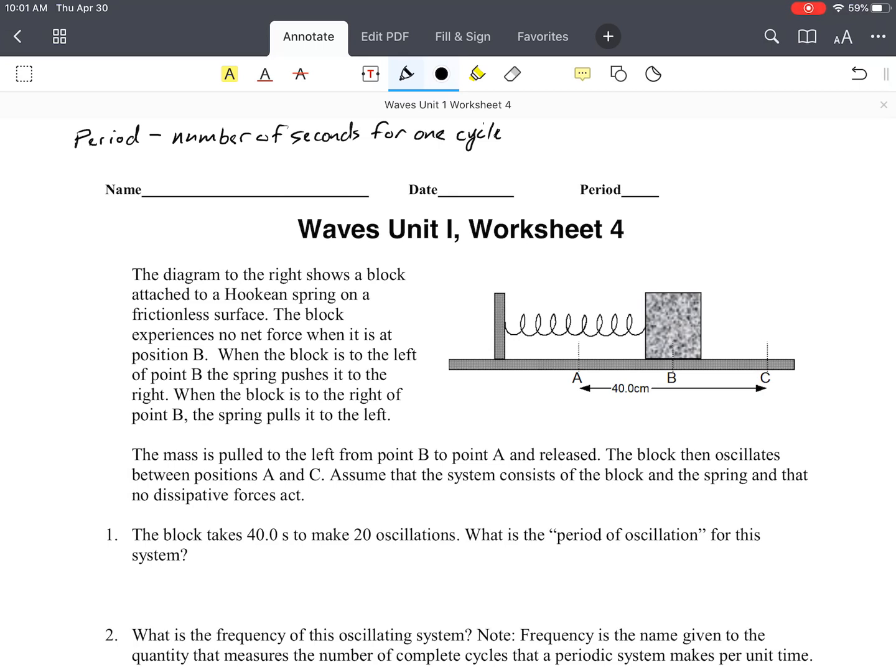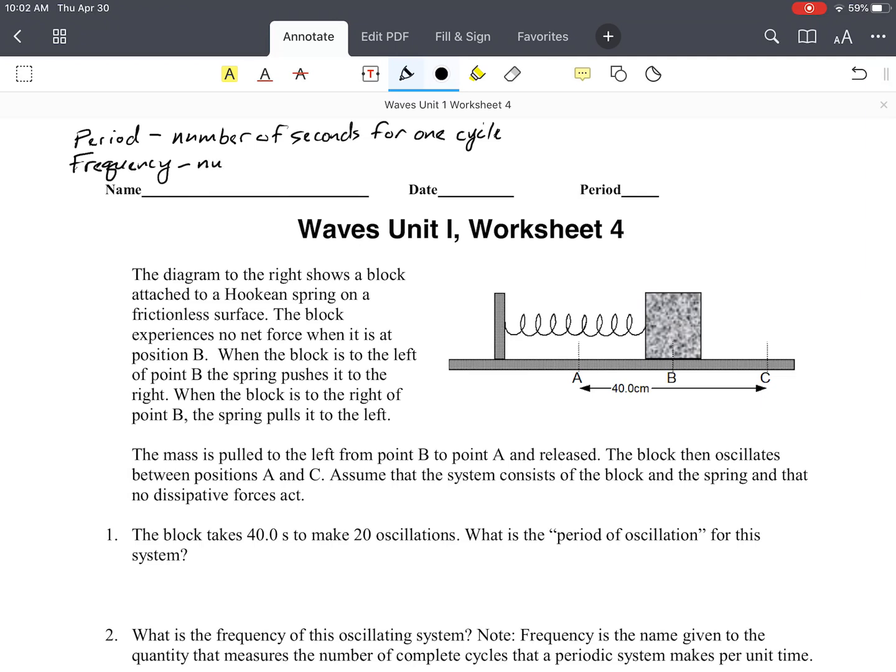And then there's a new term that I want to give you that you've heard before, and it will definitely be discussed quite a bit as we talk about oscillating motion and waves, but is the word frequency. And frequency is very much connected to period, but it's kind of the opposite of period, or in fact, it's the inverse of period.